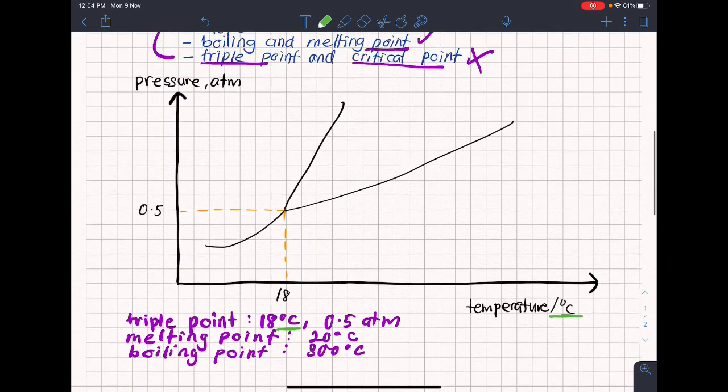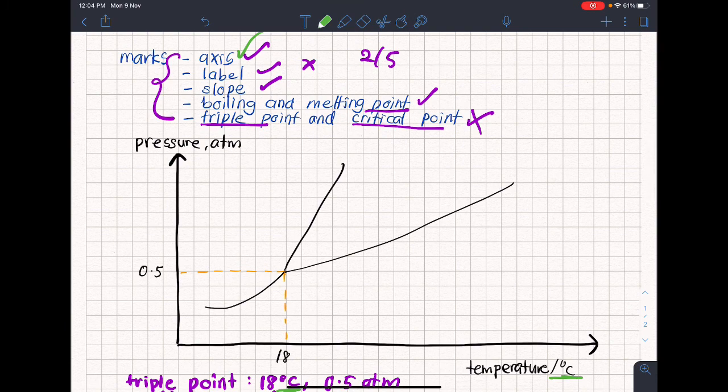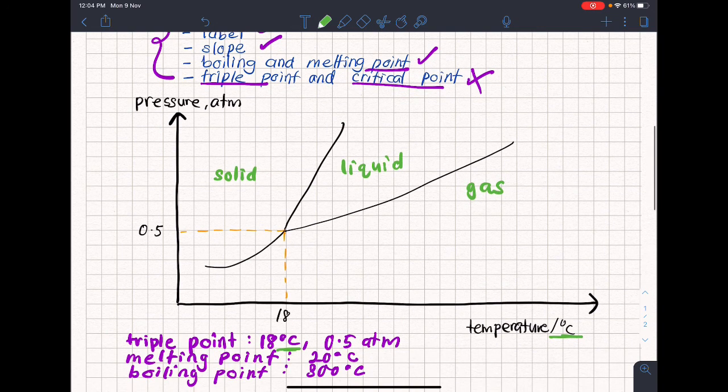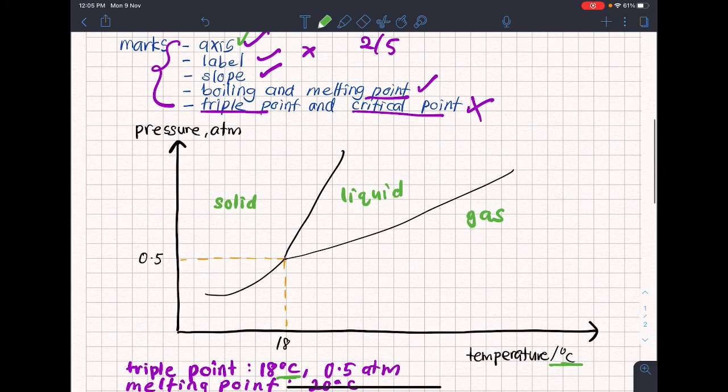So you need to label solid, liquid and gas. So it will be here solid, liquid and gas.